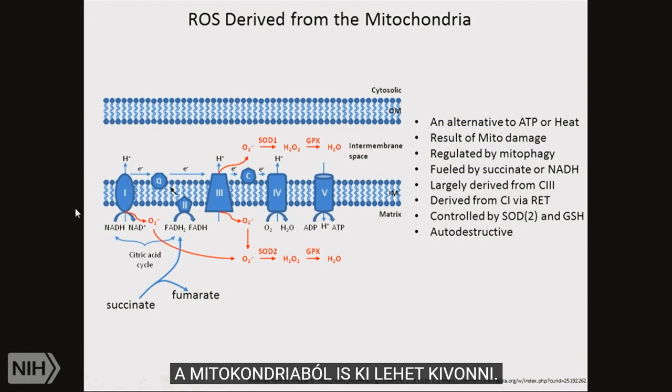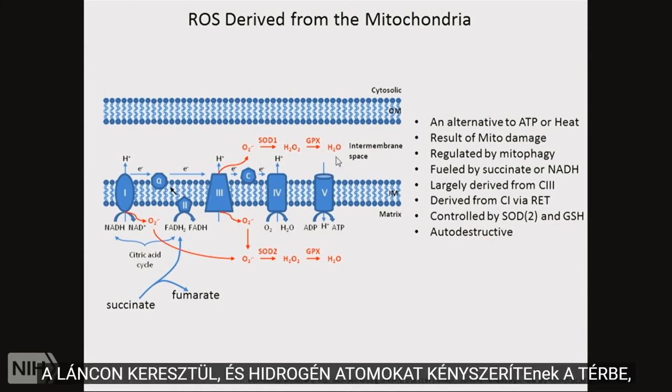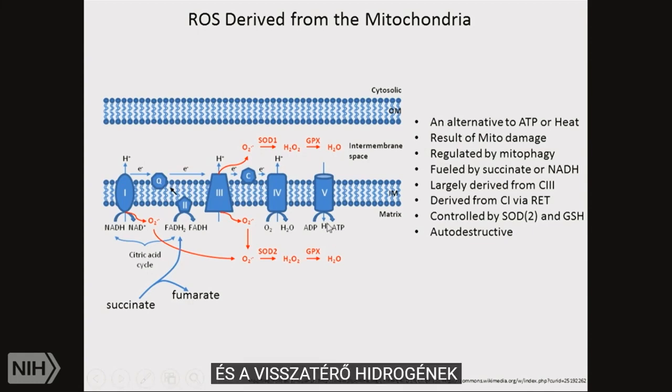But the mitochondria actually are a tremendous source of reactive oxygen species. Of course, you know, this is a huge redox system as electrons are pumped across the electron transport chain, and in doing so, they force hydrogen atoms out into the intermembrane space, and those hydrogens returning are going to drive the ATP synthase. But it's a less than perfect system.